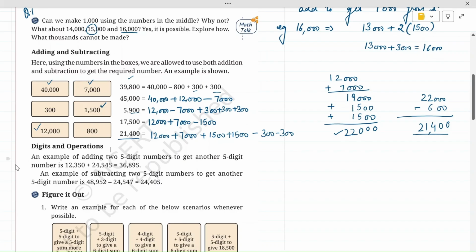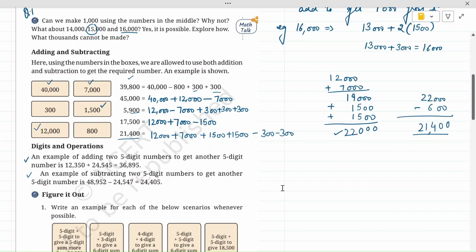And this was the example of adding two 5-digit numbers to get the sum as a 5-digit number. Second example given to us is subtracting two 5-digit numbers to get a 5-digit number again. So we have taken here in examples two 5-digit numbers, and one time we are adding them to get a 5-digit number, second time we are subtracting them to get another 5-digit number.